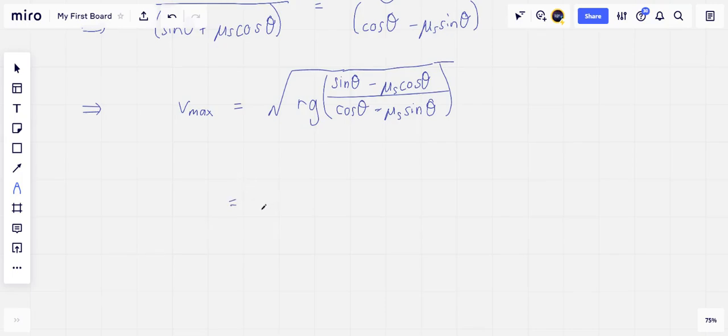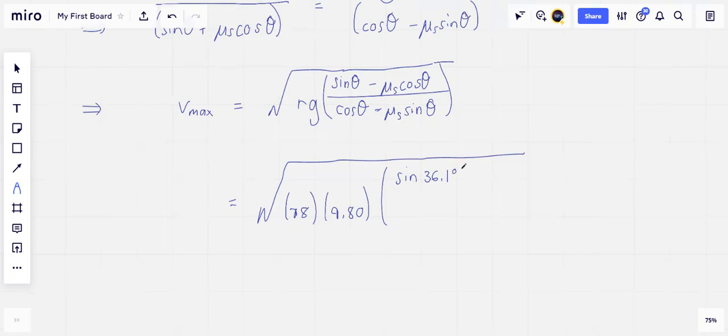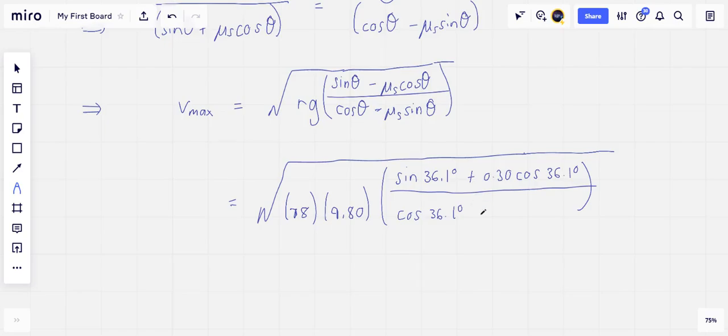And so if we substitute our values into this, we get the square root of 78 meters, we'll suppress the units, times 9.8 meters per square second times the sine of 36.1 degrees plus 0.3 times the cosine of 36.1 degrees, divided by the cosine of 36.1 degrees minus 0.3 times the sine of 36.1 degrees.